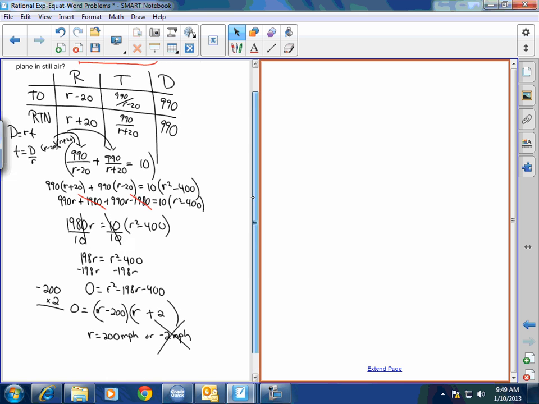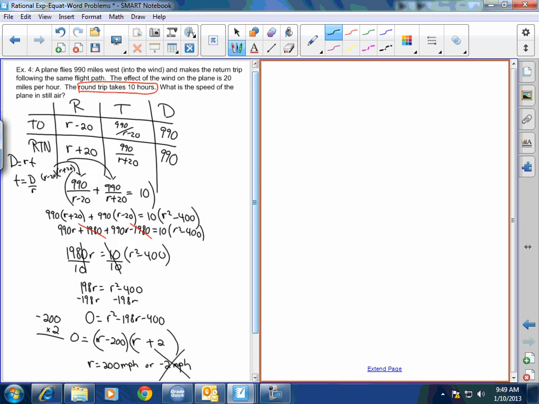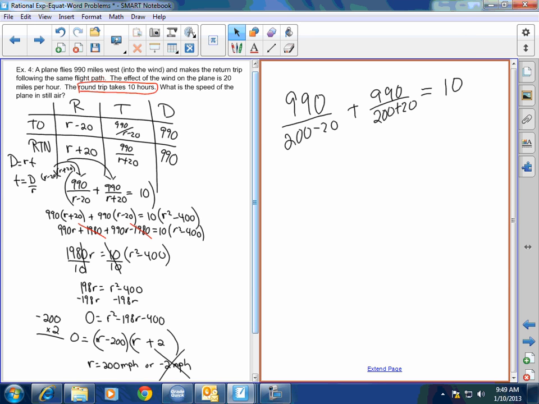Let's make sure that it works, though, guys. I'm fickle about that. Let's go 990 over 200 minus 20 plus 990 over 200 plus 20. If I'm right, that better equal 10. And I am right.